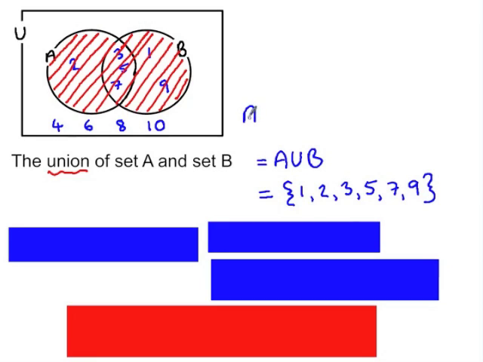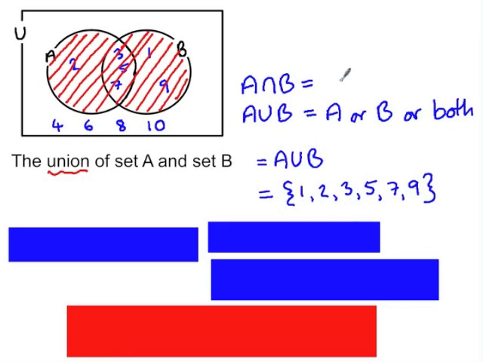We can say that A union B is this set consisting of all of the elements that are in A or B or both. Whereas the intersect, A intersect B, is all of the elements that are in A and B.